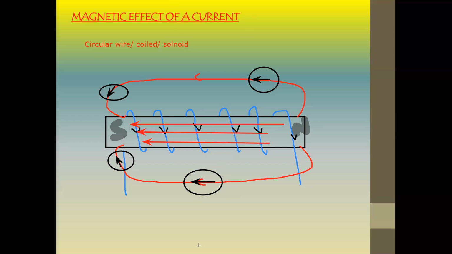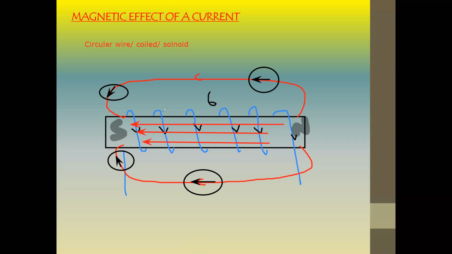Is it clear? That is the magnetic field of a solenoid or a coiled wire. In this case, the strength of the magnetic field depends on how much current we are passing and how many loops. For example, how many loops do I have here? 1, 2, 3, 4, 5 and 6 loops.